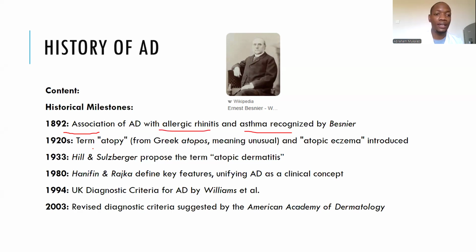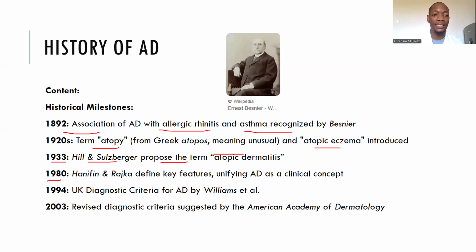Later on, the term atopy was picked from a Greek word, atopos, which simply means unusual or something out of place. In that time, that's when they introduced the term atopic eczema, in the 1920s. Then, in 1933, we see Hill and Sulzberger proposing the term atopic dermatitis, the name we currently use up to date.